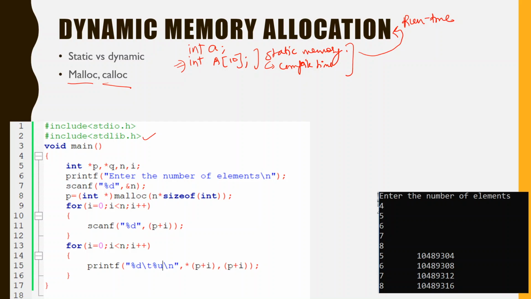Although both of these functions can be used alternatively to allocate memory, there are some slight differences when the memory is allocated by these two methods. We will see the difference between them in detail in some minutes. First of all, these functions require stdlib.h to be included.